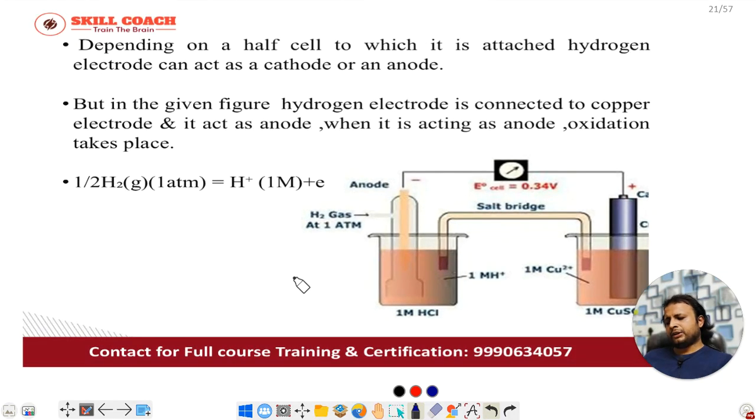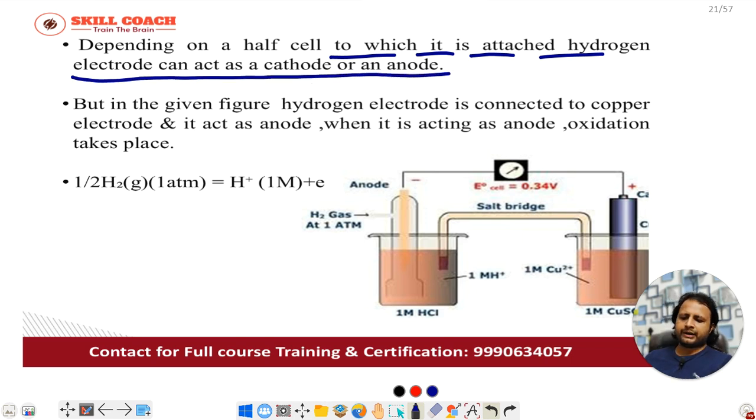Now, depending on the half cell to which it is attached, the hydrogen electrode can act as a cathode or an anode. But in the given figure, the hydrogen electrode is connected to the copper electrode, and it acts as the anode here, because this one is the copper electrode. So this is the anode.